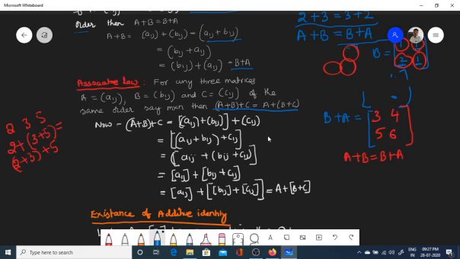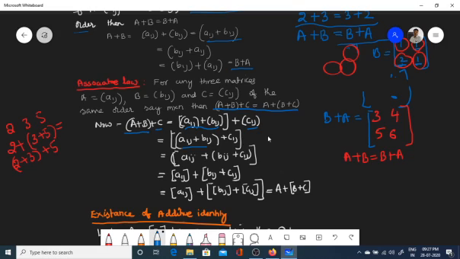So generally it can be shown like this: A plus B plus C equals adding the corresponding elements of A and B. This can be written as Aij plus Bij, plus the matrix C, which is Cij. So then we can take this as adding the corresponding elements, Aij plus Bij, and adding the corresponding elements of C, Cij.